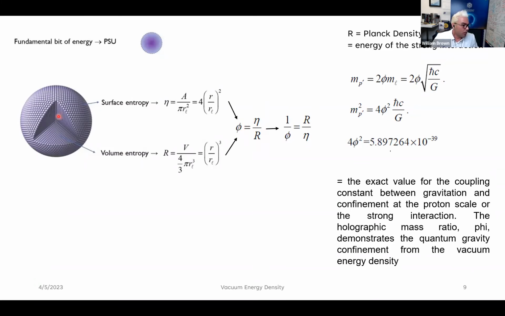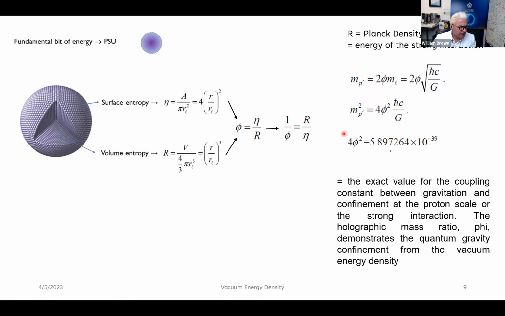With eta over R, you'll get the mass of any black hole. The reciprocal, R over eta, you'll get the mass, at the hadron scale, the mass of a proton. And so we can see 2 phi times the Planck mass. So that's the Planck energy density here with this factor of 2, which shows up quite often in physics.